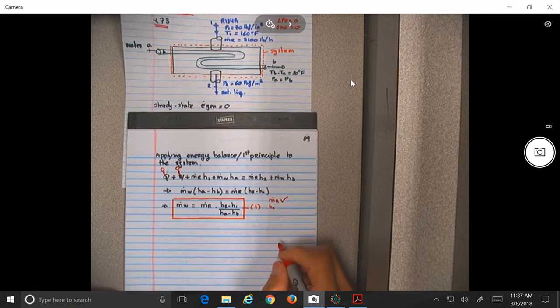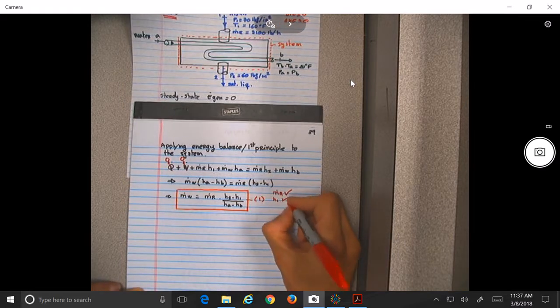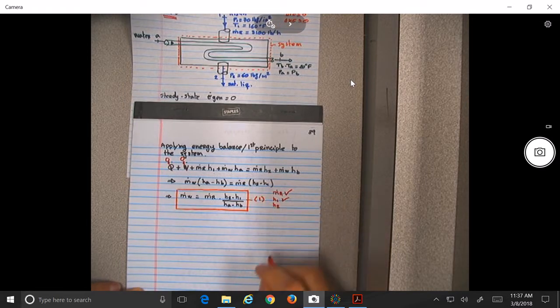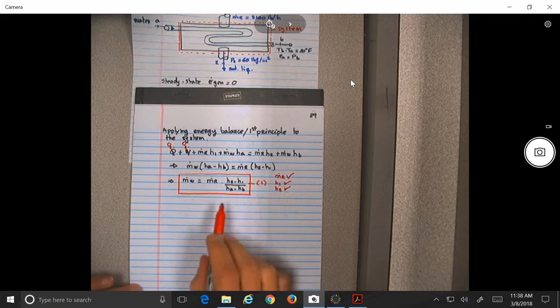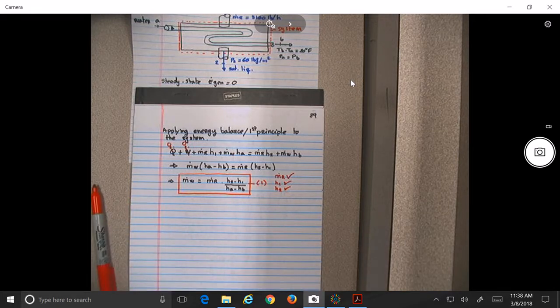Probably we can find it from the tables, so that should not be a problem. Do we know H2? We can probably find it from the tables. So the problem over here for me would be H sub A and H sub B. I think here comes the trick of this problem.